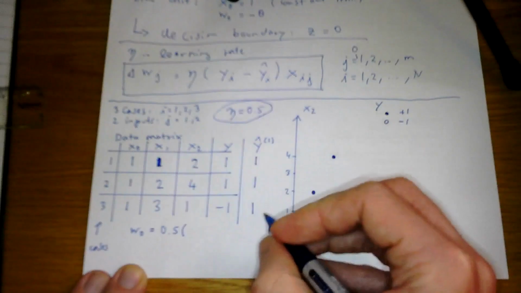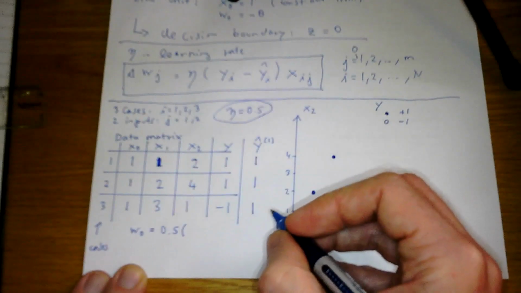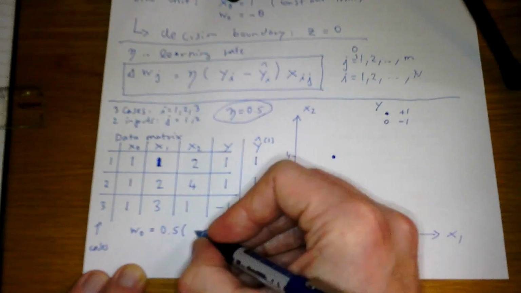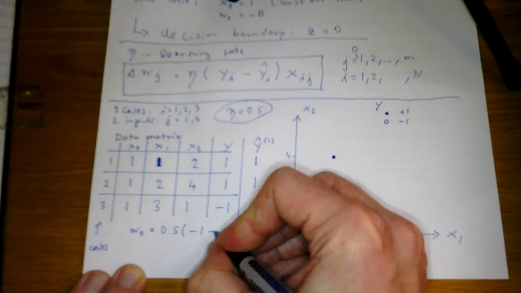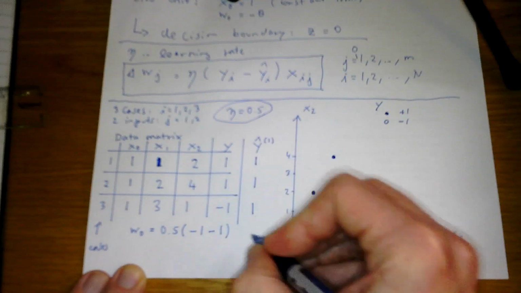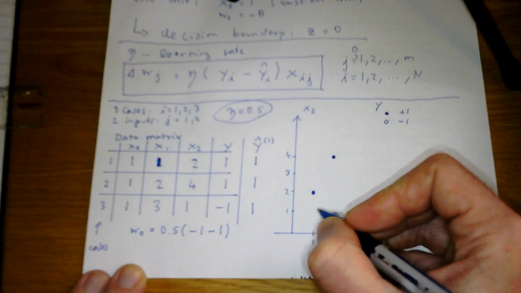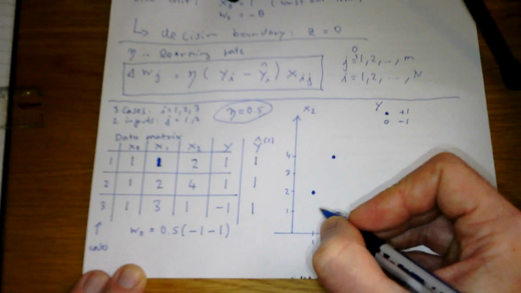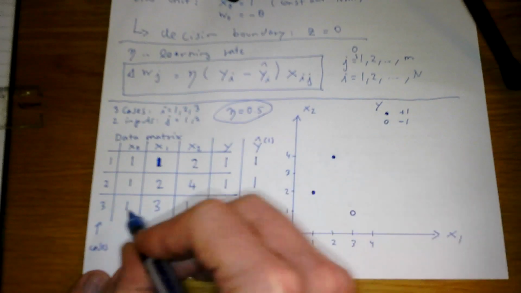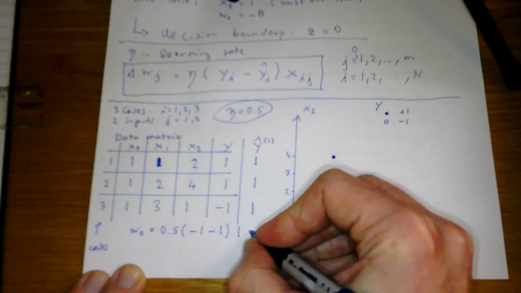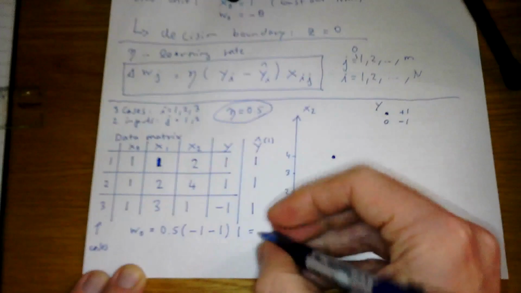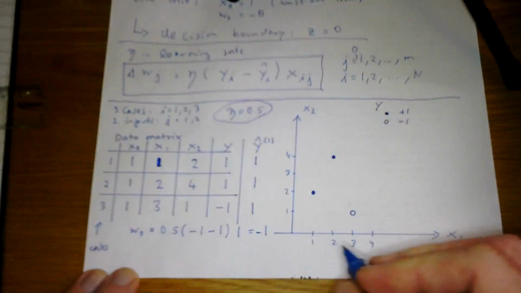We go into our brackets here, and we have our actual value, which is -1, minus our prediction, it's another -1, times now the x0 for the third observation. Now x0 is always 1, so we obtain here -1.